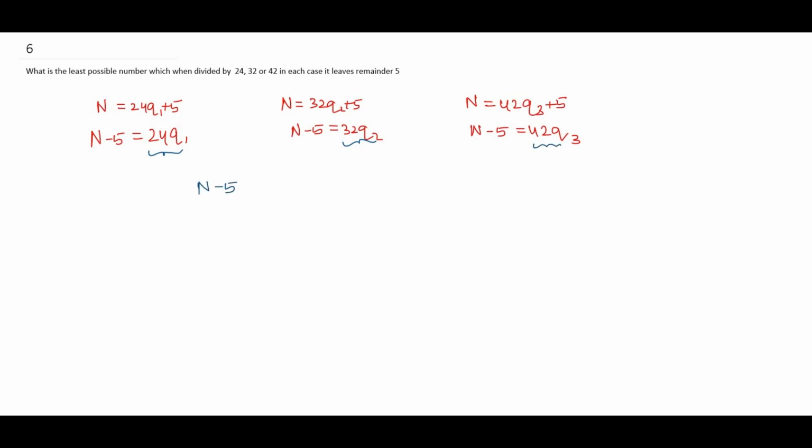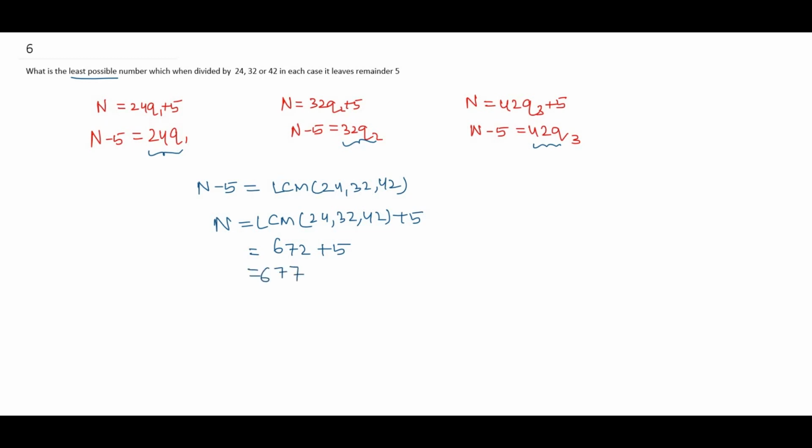Therefore, N minus 5 is equal to the LCM, because least possible number is asked, of 24, 32, 42. Therefore, N will be equal to LCM of 24, 32, 42 plus 5, which in turn will be equal to 672 plus 5, that is 677. This will be the answer.